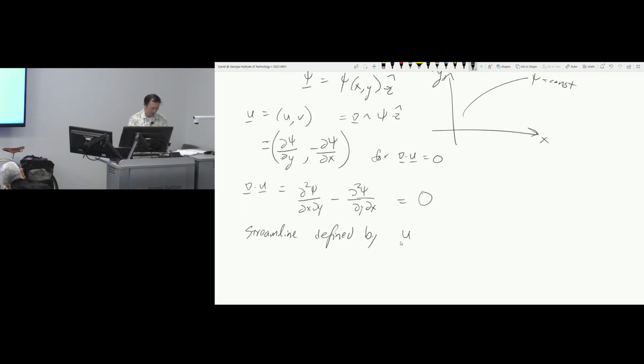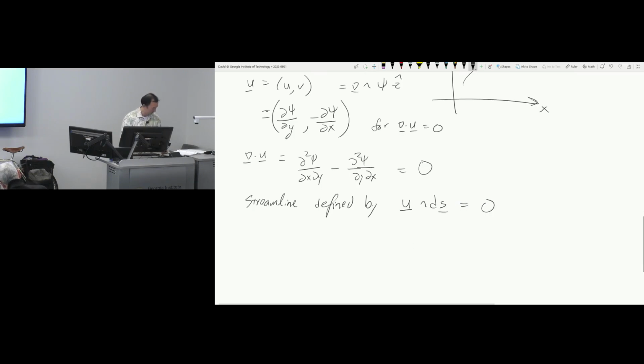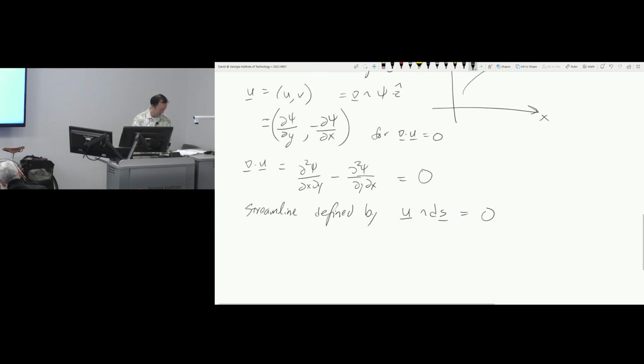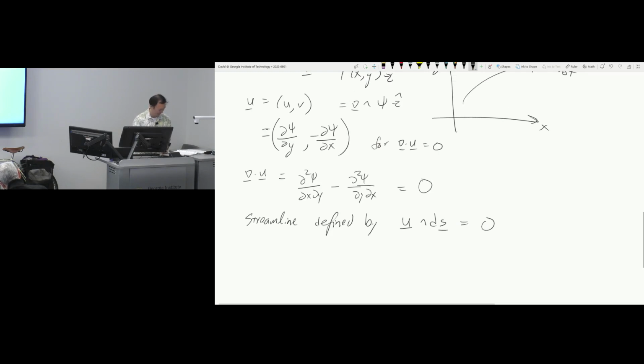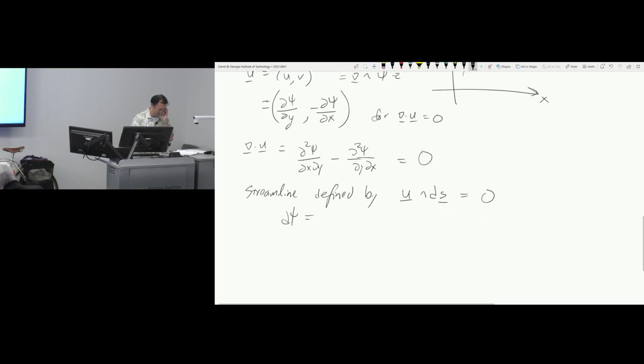So the streamlines are defined by the fact that u and the paths of the fluid flow are perpendicular. There's a couple ways you can do this. Let's look at psi, and look at how much psi changes as we go between x and y.